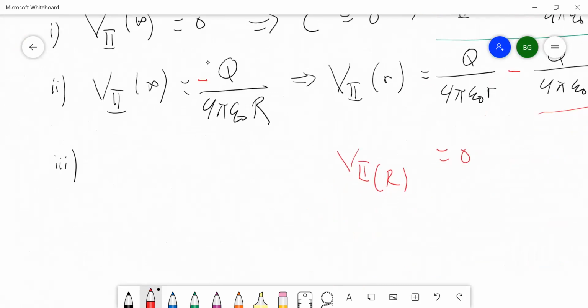So in this case, if we evaluate this V2 at R equals capital R, on the sphere surface, you will get this V2 equals 0. No question?